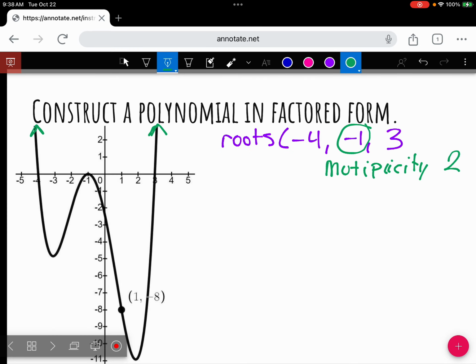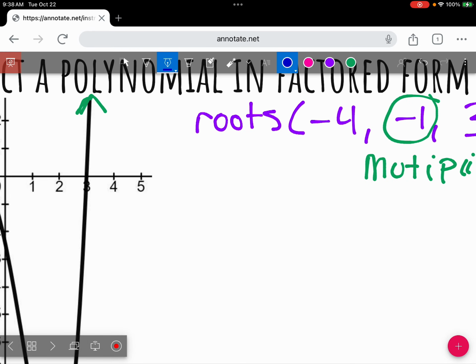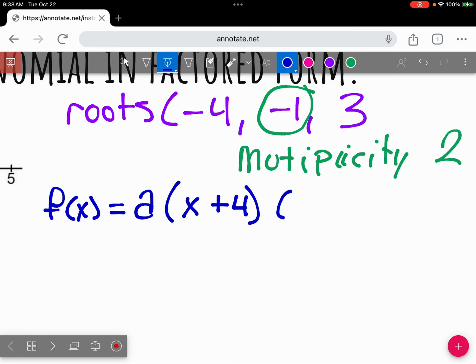So when we're putting this together in our factored form, we have our f of x equals, we do not know our a at this point. What do we have? Plus 4. X plus 1 squared.